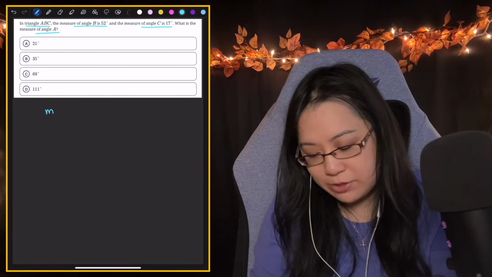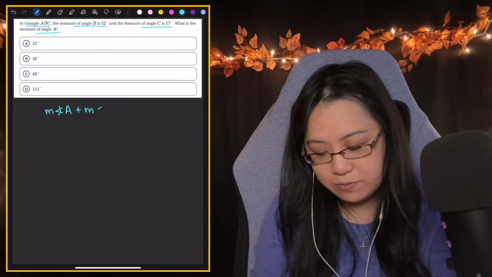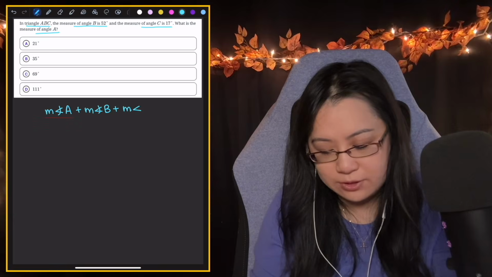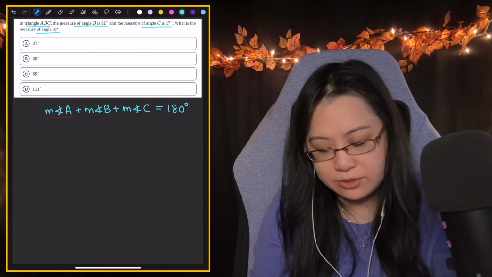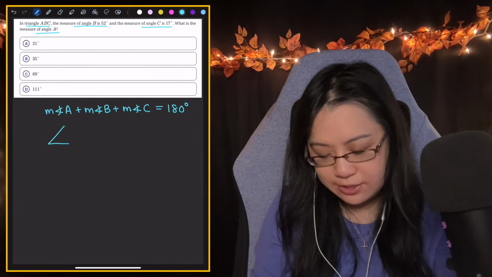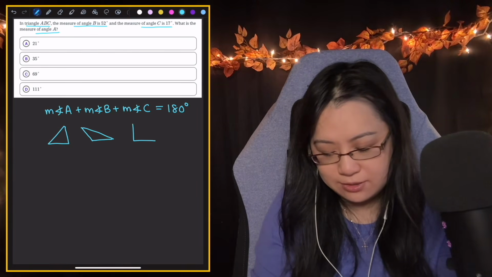So the measure of angle A plus the measure of angle B plus the measure of angle C equals 180 degrees. Okay, so it doesn't matter if your triangle looks like this, or like this, or like this.